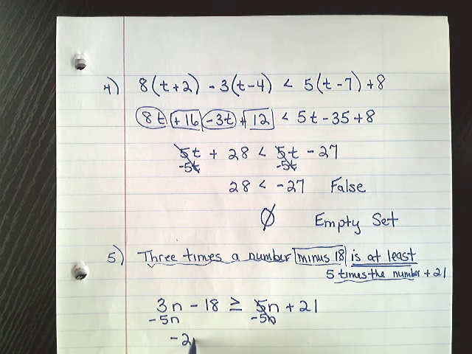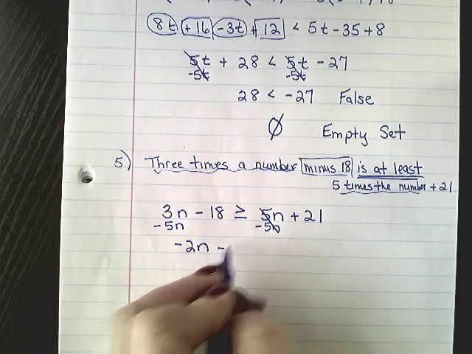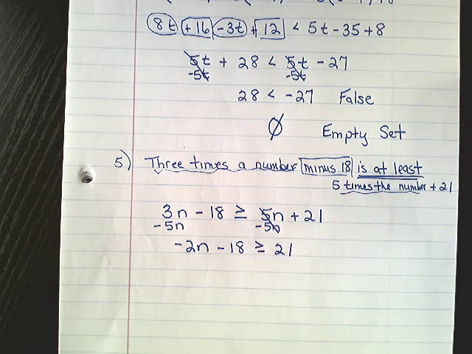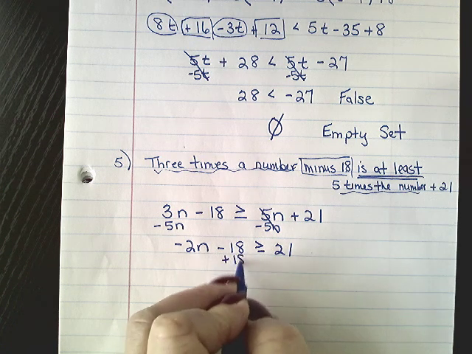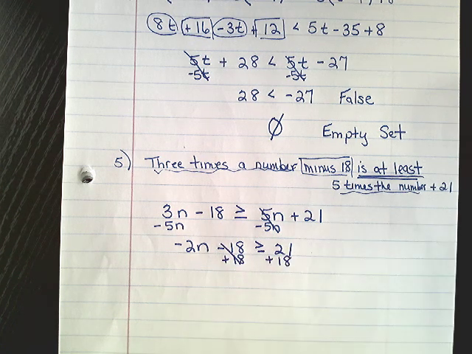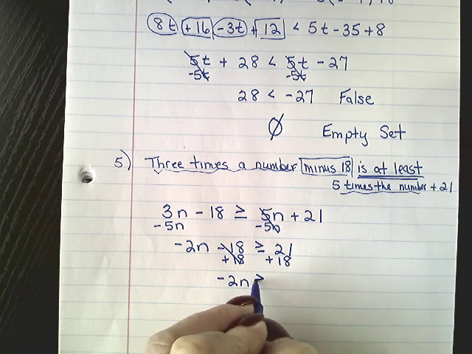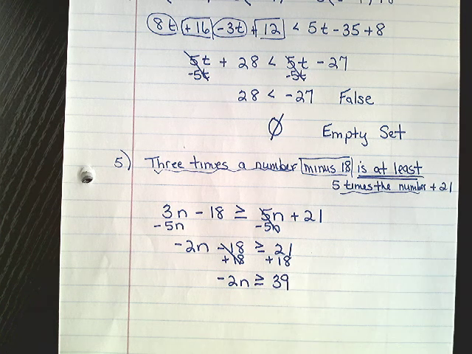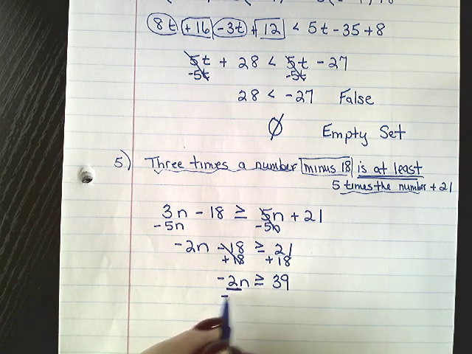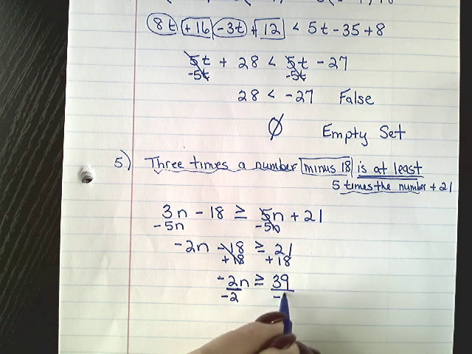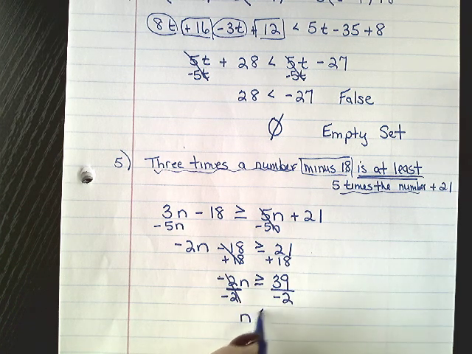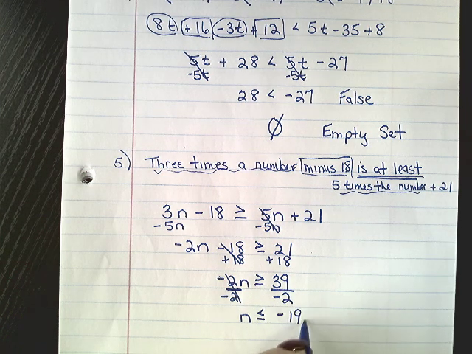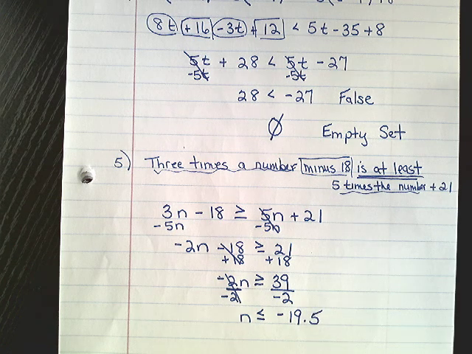I will have negative 2n minus 18 is greater than or equal to 21. I'm going to add 18 to both sides. I will have negative 2n is greater than or equal to 39. Now remember, we are dividing by a negative coefficient. So n, flip that symbol, is less than or equal to negative 19 and 5/10.